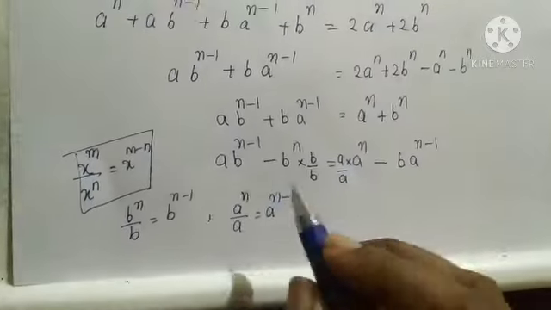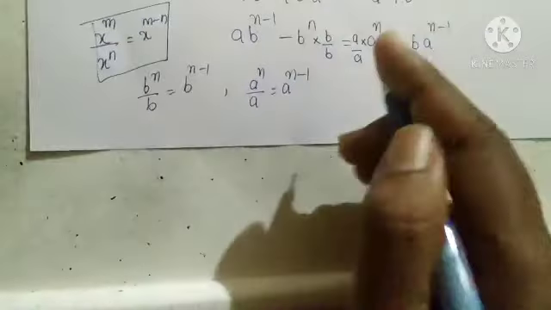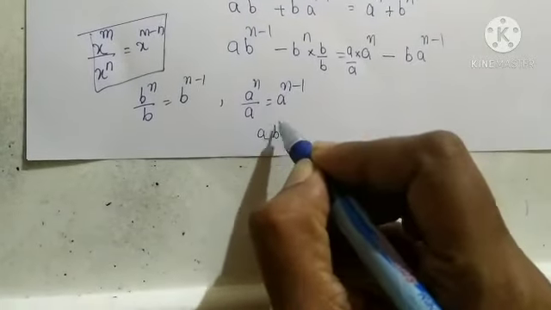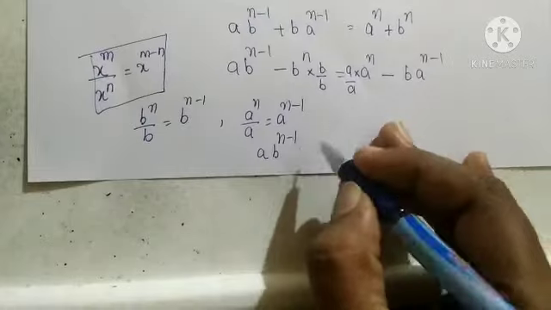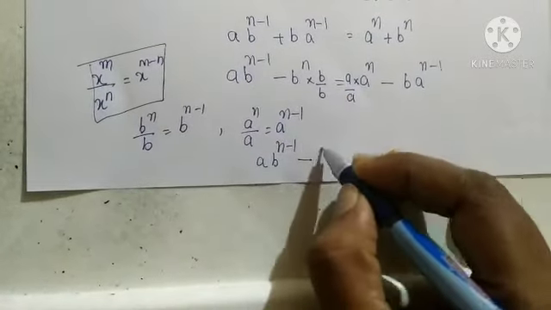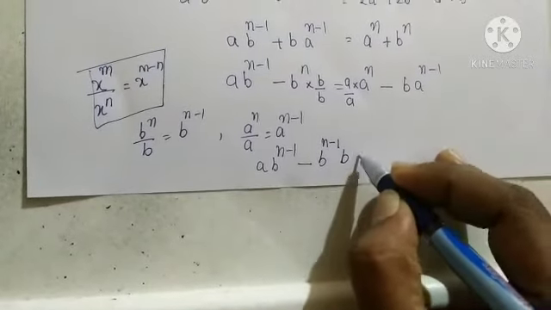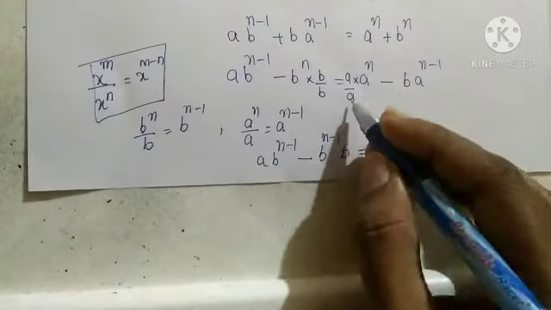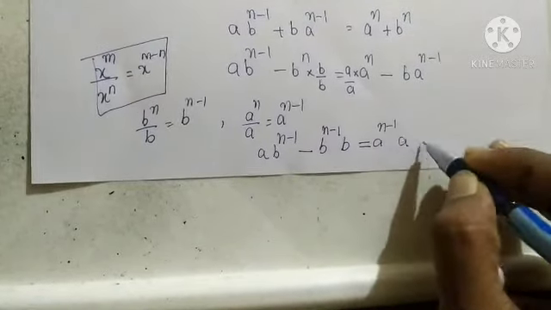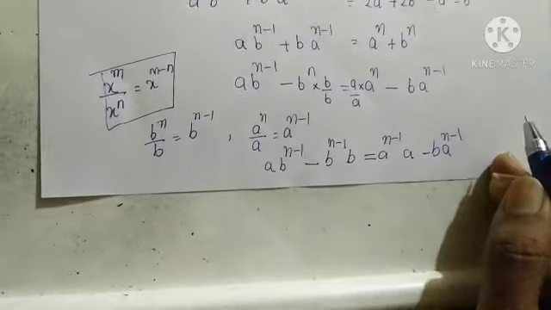Okay, so next step I am going to write a b raised to n minus 1 minus this b raised to n by b changes to b raised to n minus 1 into b, equal to this a raised to n by a changes to a raised to n minus 1 into a, minus this term remains same.